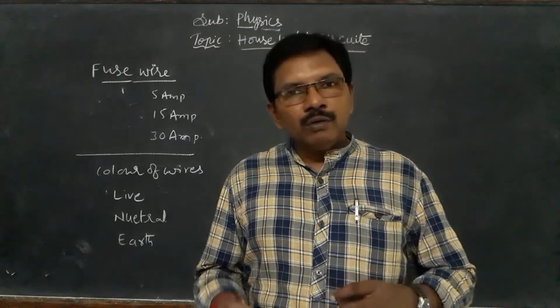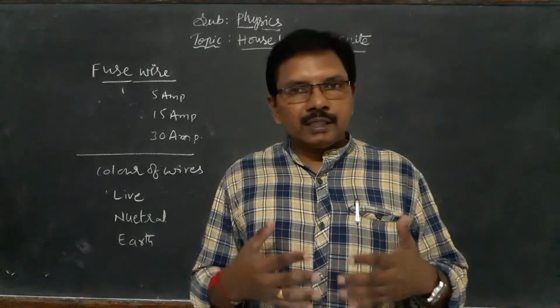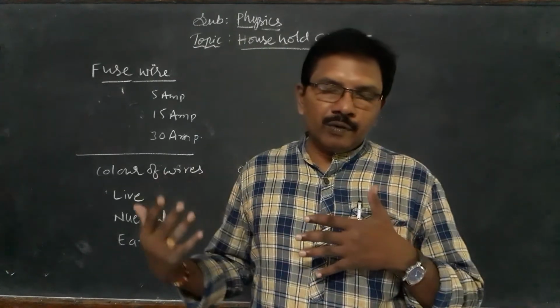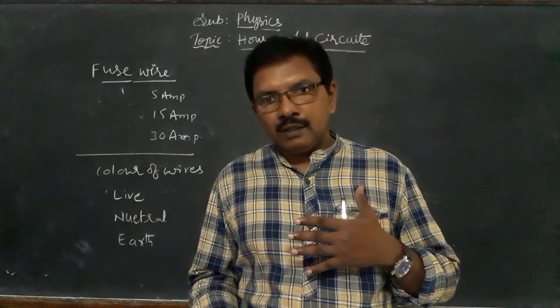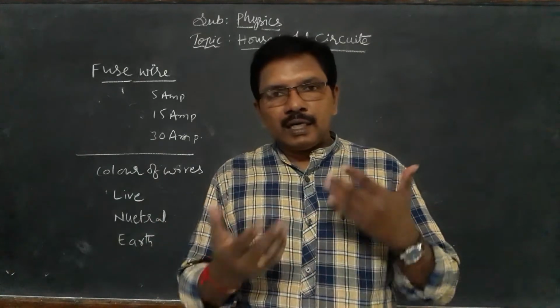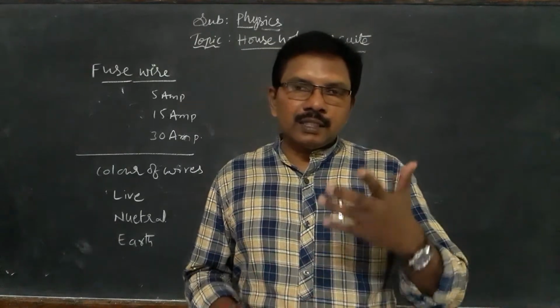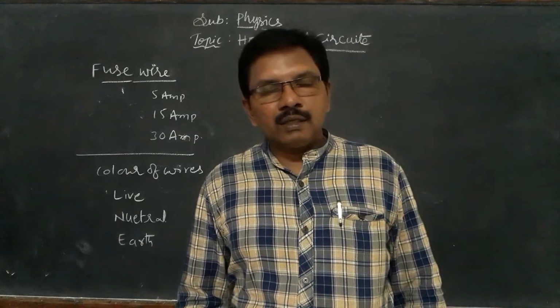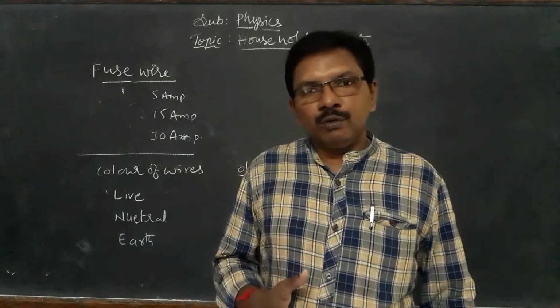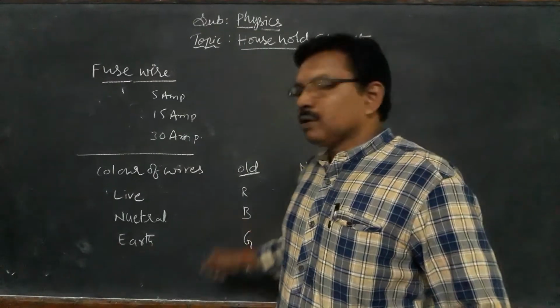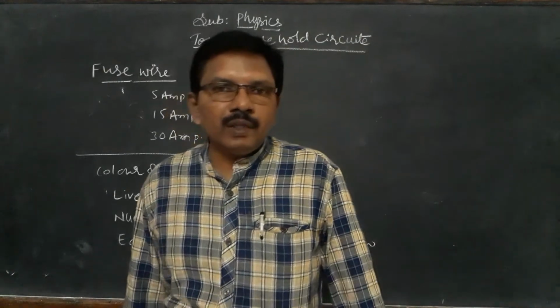Then we can give the same color wires the same connection. If you don't know the difference in the colors, we may connect them wrongly, which causes burning or spoiling of the appliance. So to make a proper connection, we must know the color of the wire.